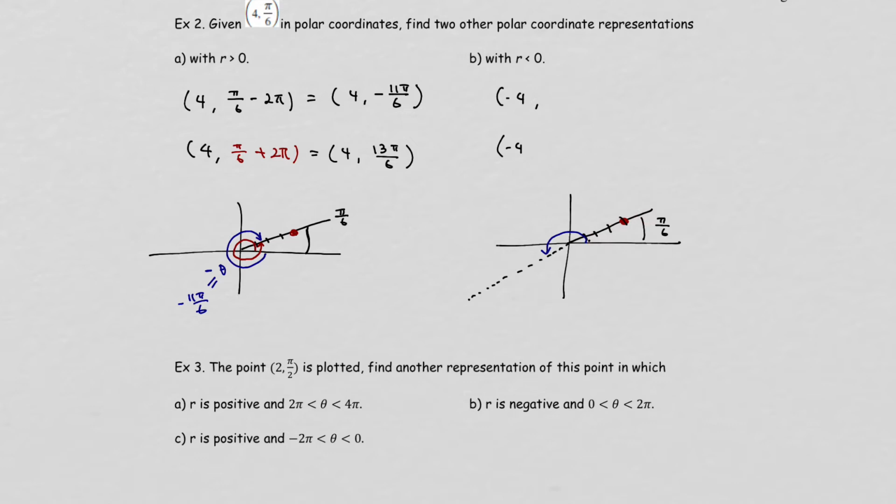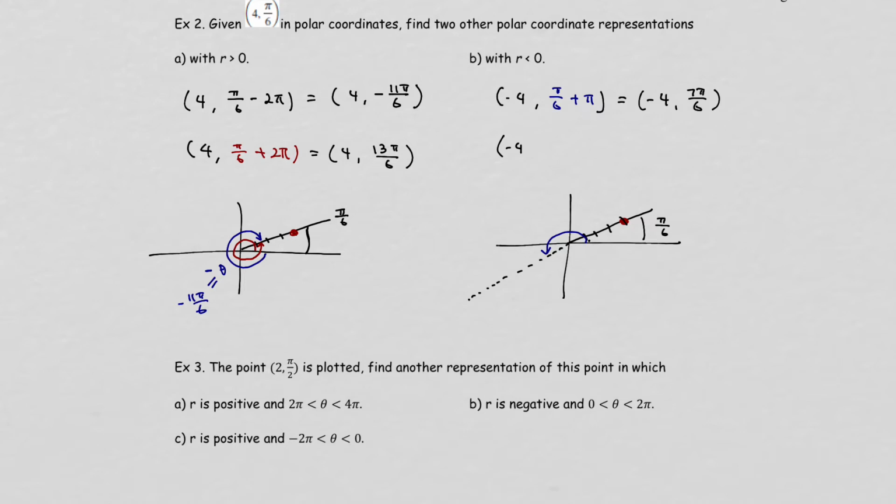In order to do that, it will be pi over 6 in the third quadrant. So pi over 6 in the third quadrant will be pi over 6 plus pi, which will give you (negative 4, 7 pi over 6). You can also do the negative angle too.